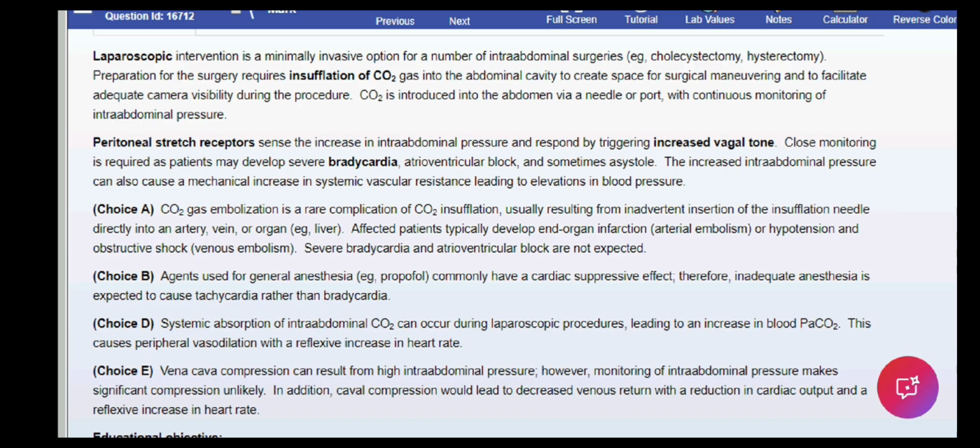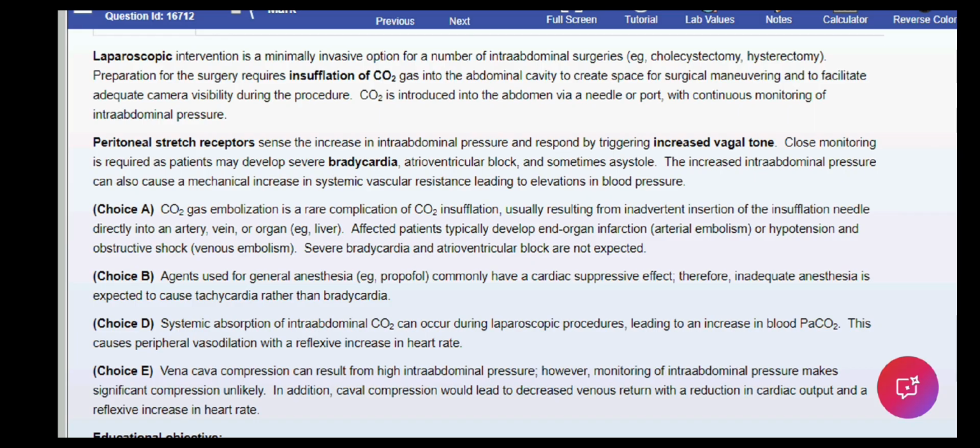Laparoscopic intervention is a minimally invasive option for a number of intra-abdominal surgeries. But the procedure requires insufflation of CO2 to create space for surgical maneuvering and facilitate the camera. CO2 is introduced to the abdomen via needle or port with continuous monitoring of intra-abdominal pressure.